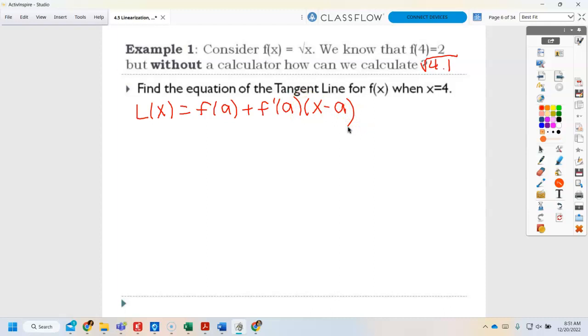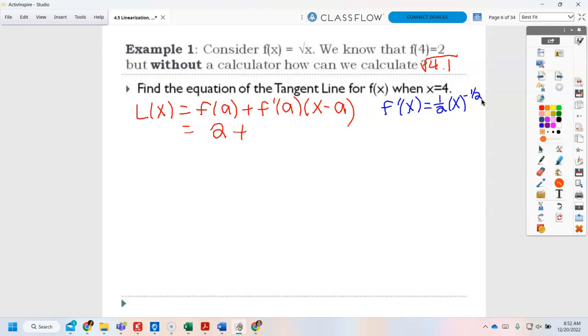plus f prime of a times (x minus a). So that is our new formula. In this case, f of a is 2. F prime of a, we need to calculate. Well, in this case, f of x is root x, so its derivative is 1/2 x to the negative 1/2.